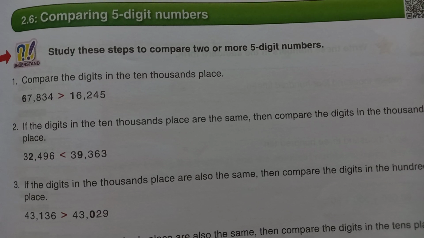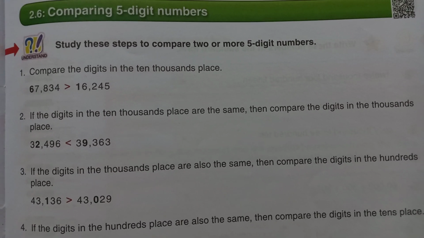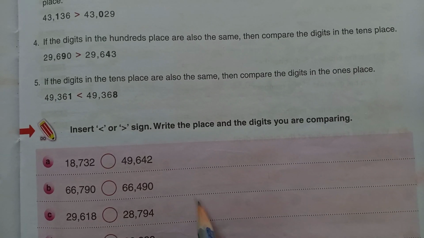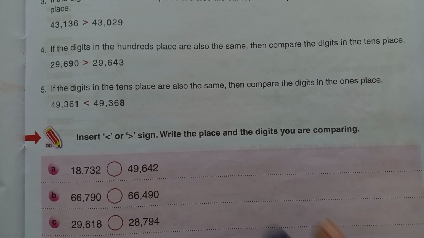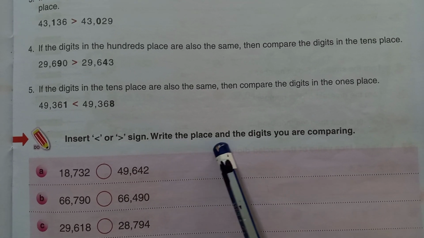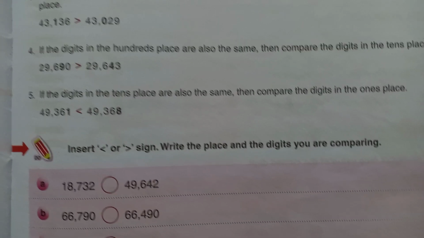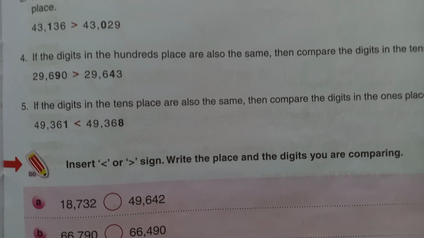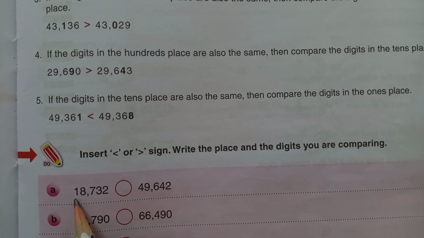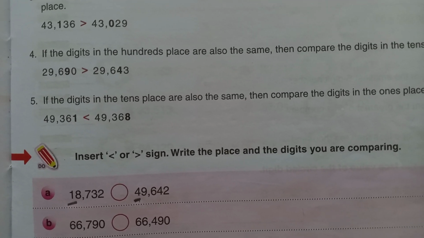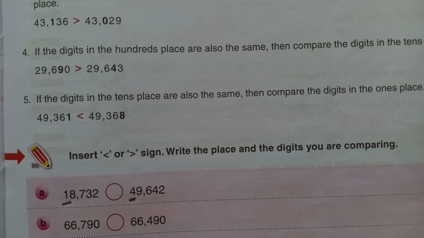See children, page number 101. Comparing 5-digit numbers. These all the steps we already learnt on the board. Next, insert the greater than, smaller than sign, write the place and the digit you are comparing. Only one example I will show you. At first we had to compare the first place. We have digits 1 and 4. Which is the bigger number? 4 is the bigger.